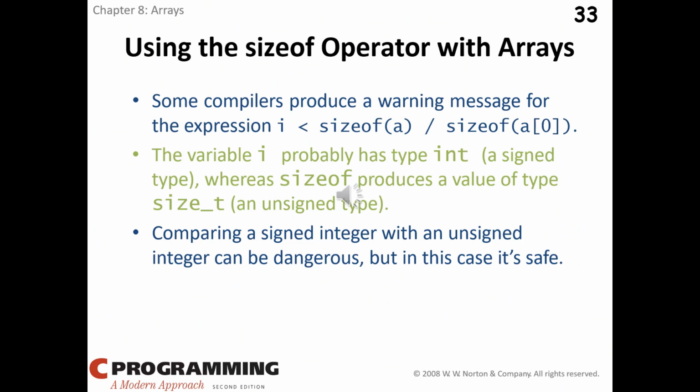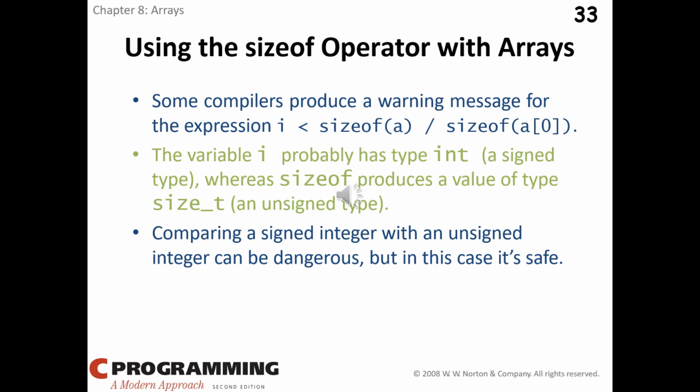And talking about the sizeof operator with arrays, there might be some warning messages that compilers may produce. In our case, some compilers might show a warning message when we use the expression i less than sizeof A divided by sizeof A[0] in a loop.